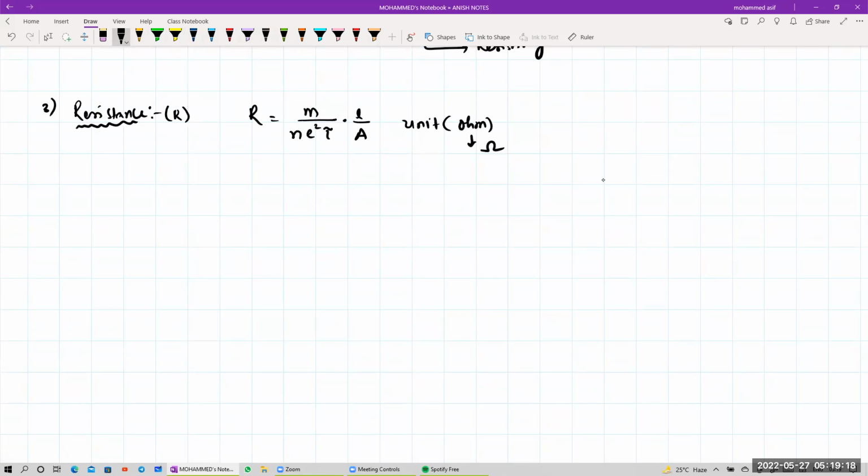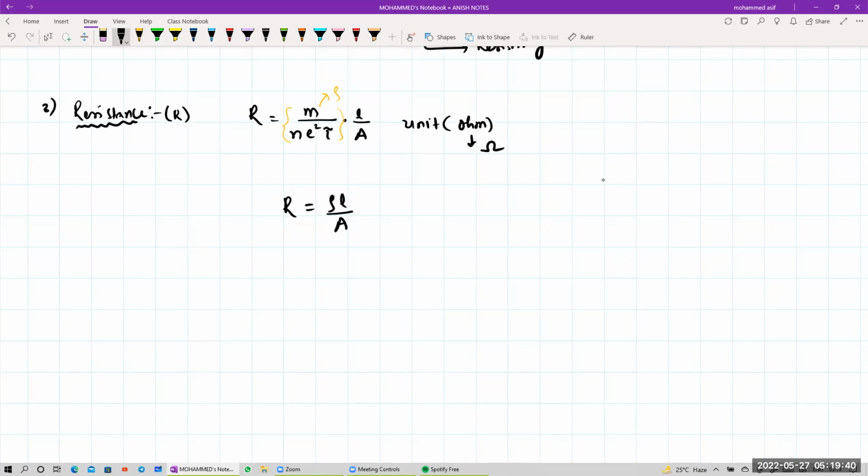All of this m by n e square tau is constant, and this constant is called rho. So resistance R is equal to rho into L divided by A.